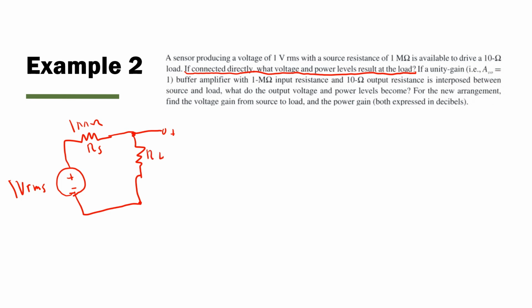So we have our load resistor, which is 10 ohms. If you were to refer to the last slide with that previous amplifier schematic, this is cutting out the amplifier because it is connected directly.